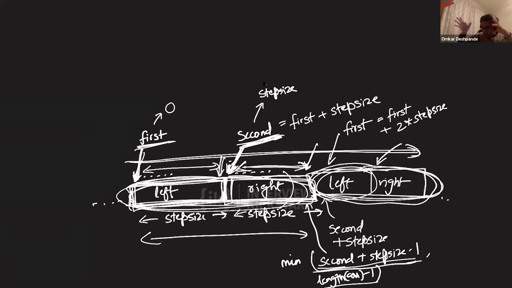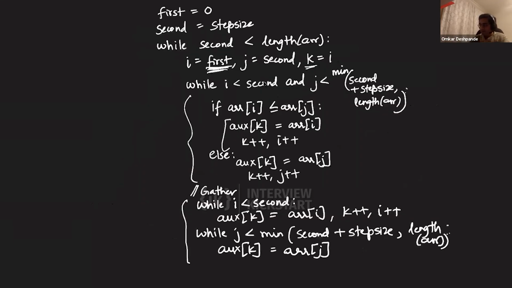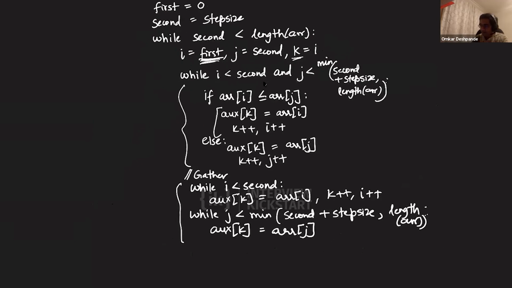And so for the same range of indices, we just have to copy the values from the auxiliary array back into the original array. So that's what I'll do here as the very last thing. In the original array, the valid range is from first to min of length of array minus 1 or second plus step size minus 1.